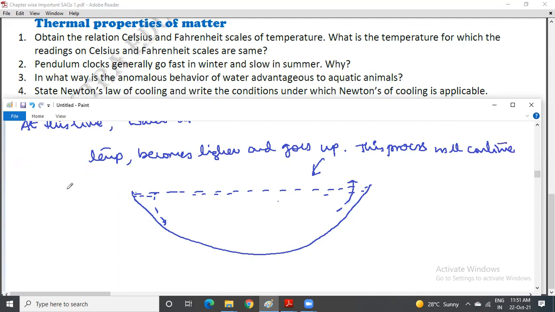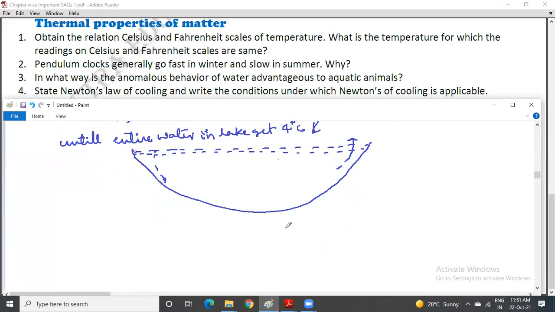Until entire water in lake gets 4 degrees centigrade. Let us say this is assumed to be 4 degrees centigrade.